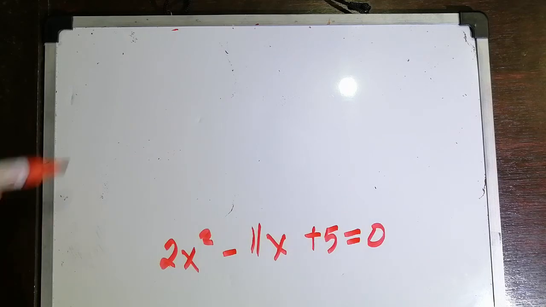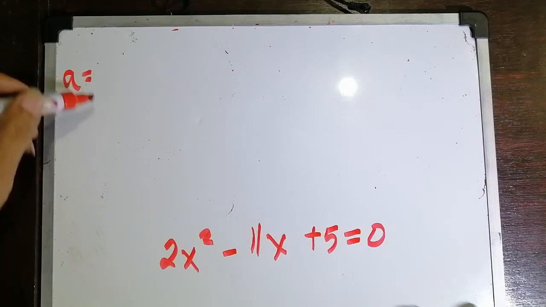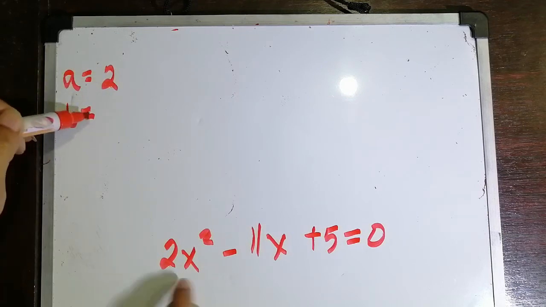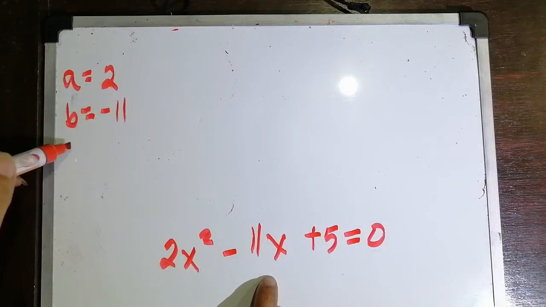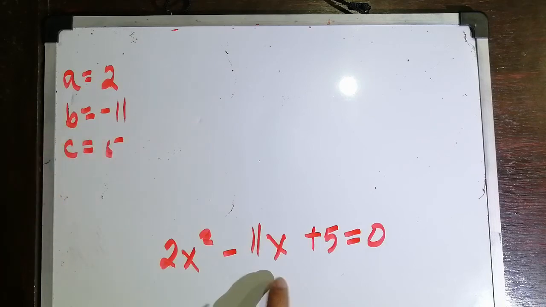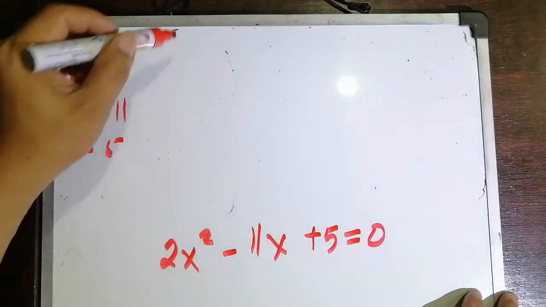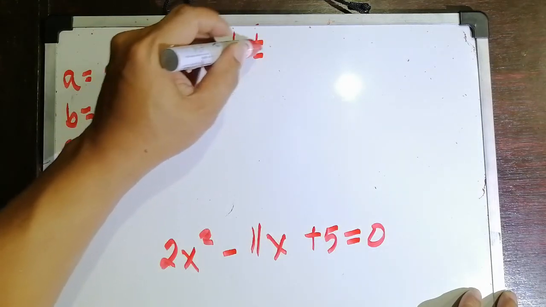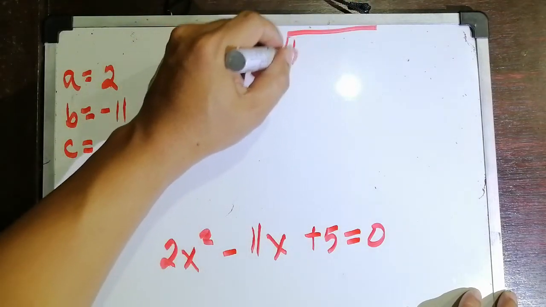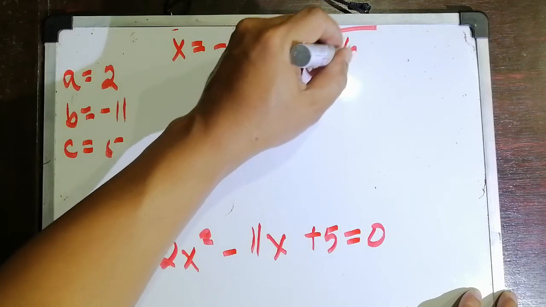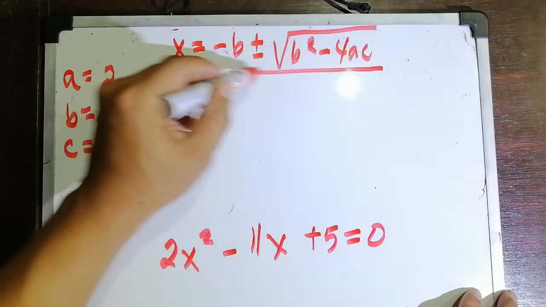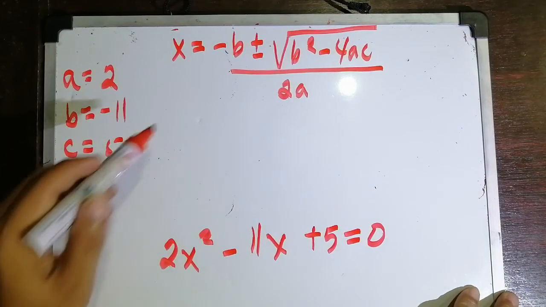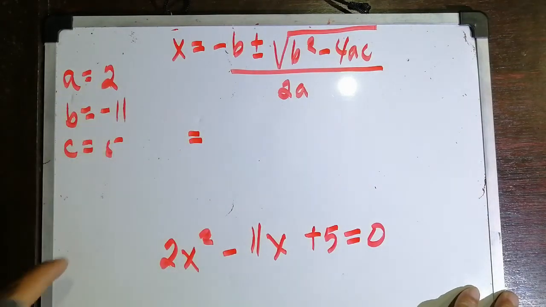Our a is this one, 2. Our b is negative 11. Our c is 5. Okay? So, quadratic formula, x equals negative b plus or minus square root of b squared minus 4ac all over 2a. Okay? So, x is equal to negative b.